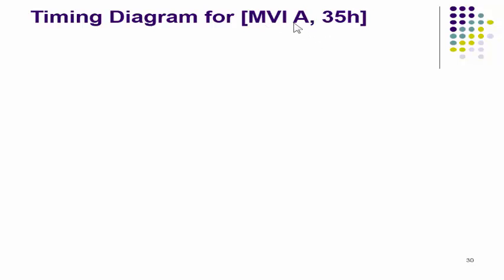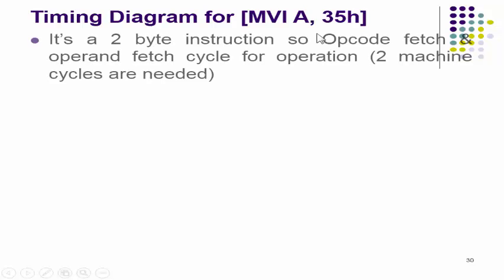To store this particular instruction in the memory we require 2 memory locations. Why 2 memory locations? Because the size of this instruction is 2 bytes. So it's a 2 byte instruction, so the opcode fetch and one more machine cycle is required for the operation, that is the operand fetch machine cycle.